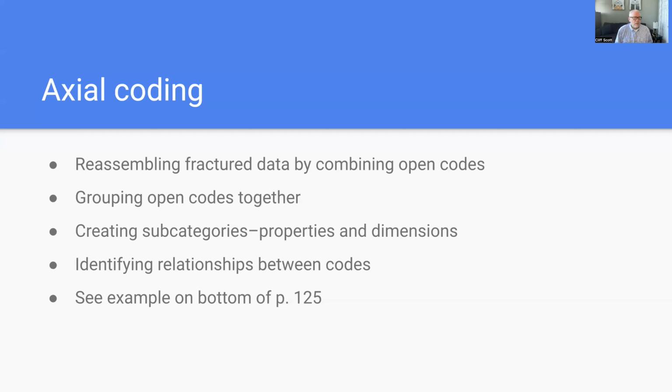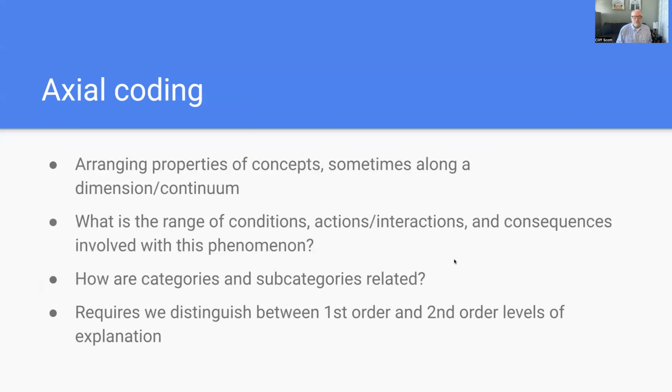If you take a closer look at reading things by Strauss and Corbin, for example, on axial coding, you'll see a lot of different kinds of terms that can be used to dig into all the different ways that we could think of arranging categories and giving them dimension.